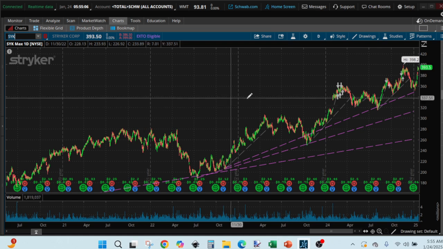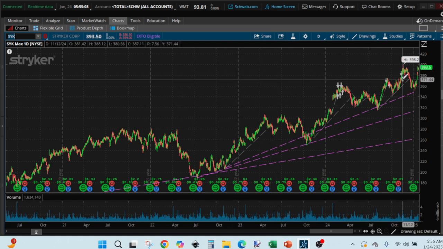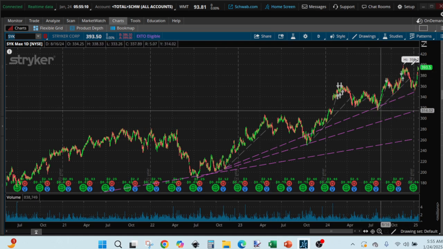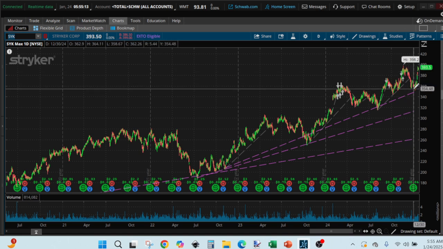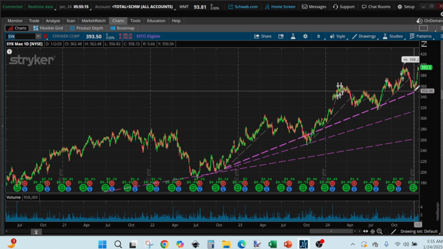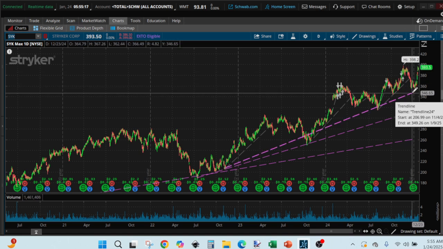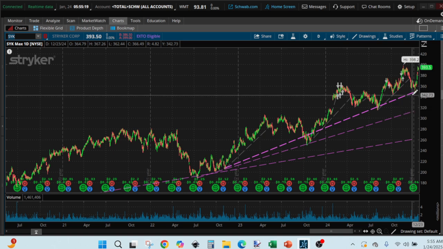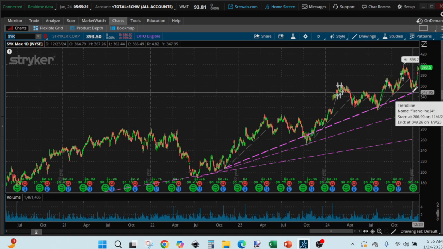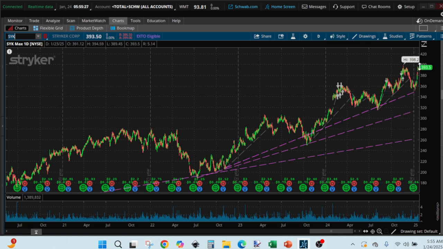So we have SYK that we purchased on the right side of the mountain, and then it fell down to rest a little bit at this trend line, which is more than 1 year old, 2 years actually, and it started going up.